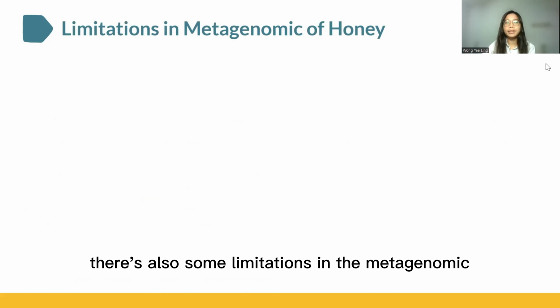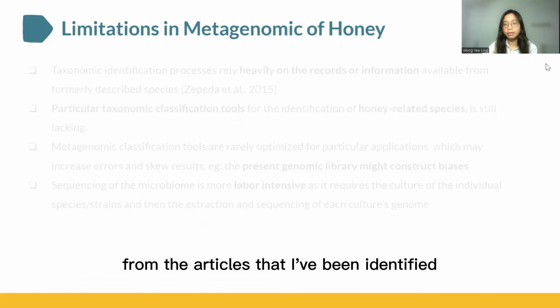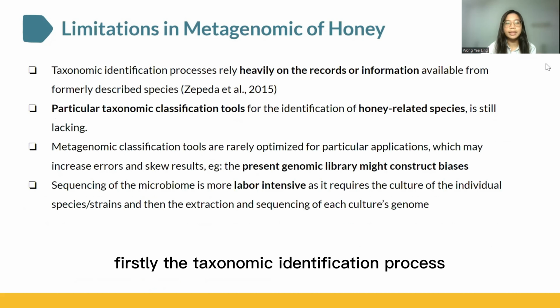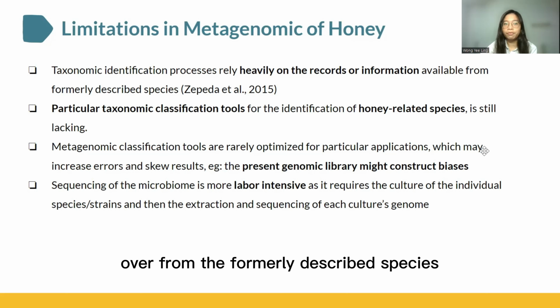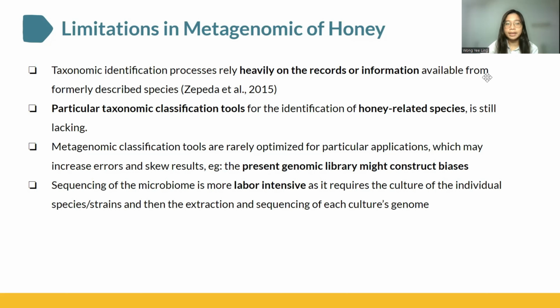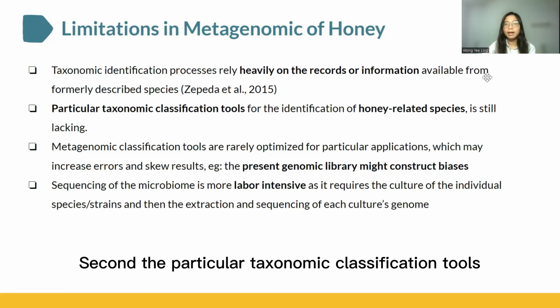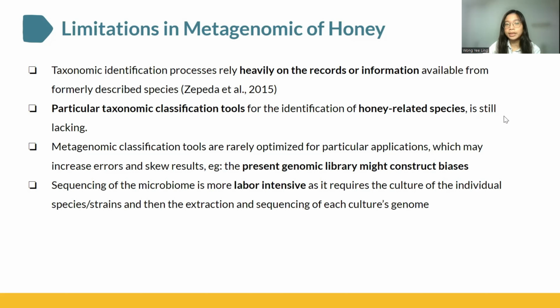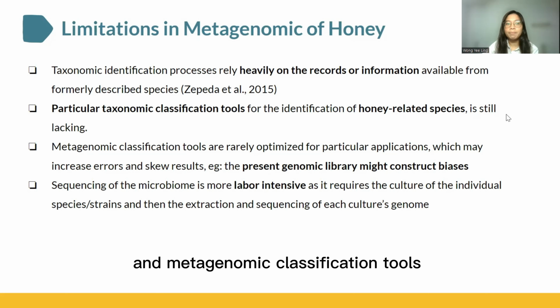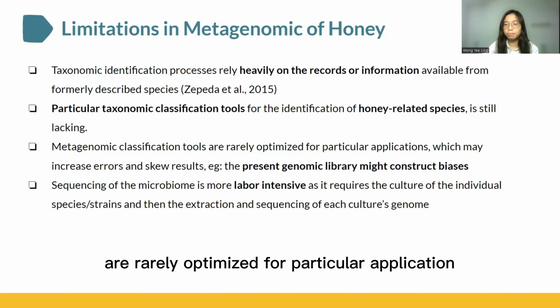However, there are also some limitations in the metagenomics of honey from the articles that have been identified. Firstly, the taxonomy identification process is highly reliant on the records or information available from formally described species. Second, particular taxonomy classification tools for the identification of honey-related species are still lacking, and metagenomic classification tools are rarely optimized for particular applications.